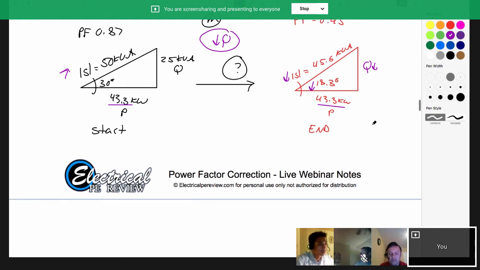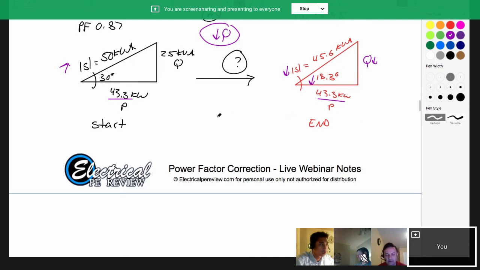Someone help me out. You can use the Pythagoras theorem. Sure. So what's that? That's S squared minus P squared. Yep. So we're going to solve that for Q.